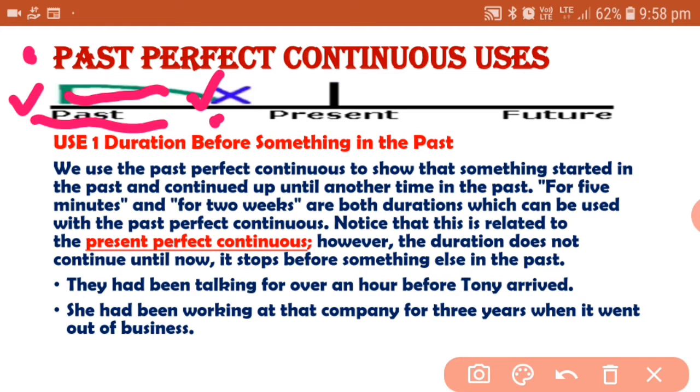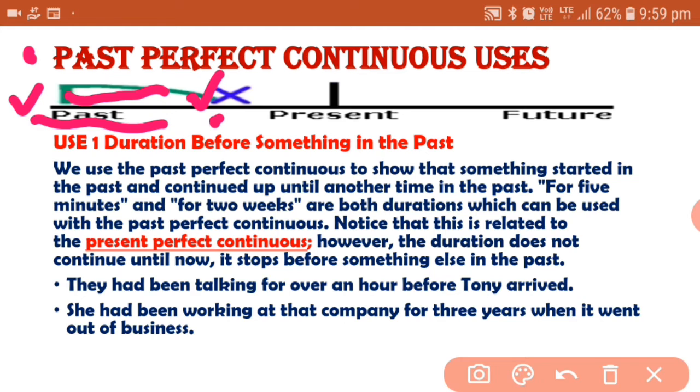We use the past perfect continuous to show that something started in the past and continued up until another time in the past. For 5 minutes and for 2 weeks are both durations which can be used with the past perfect continuous. Notice that this is related to the present perfect continuous.